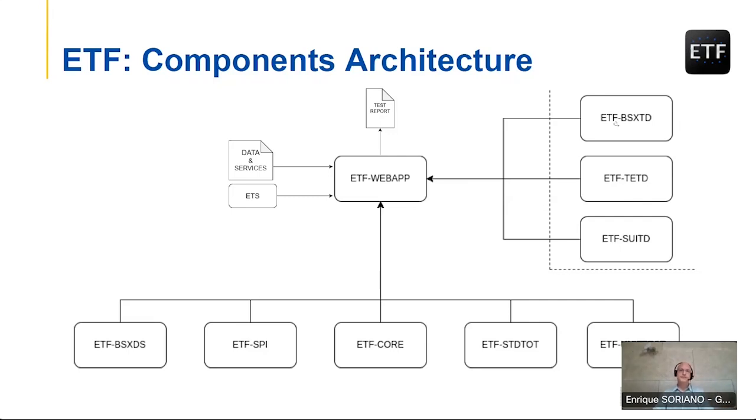With all of these capabilities for managing the ETS, plus the ETS itself, when you introduce your data, metadata, or services, you finally obtain the test report. This is a very first introduction to what we are going to see about the architecture, but it will help us to better understand and simplify what is coming next, which is the INSPIRE Reference Validator architecture, to see it in context.